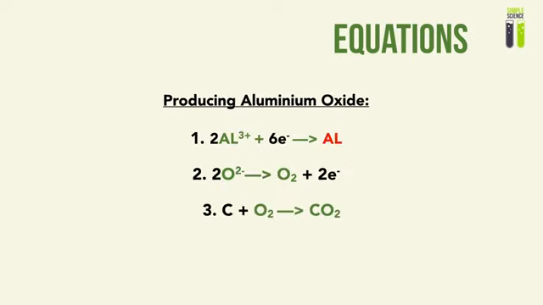And these are the main equations of the electrolysis itself. I would consider these three equations as the most important equations for this topic, and that pretty much wraps up my video on the extraction of aluminium.